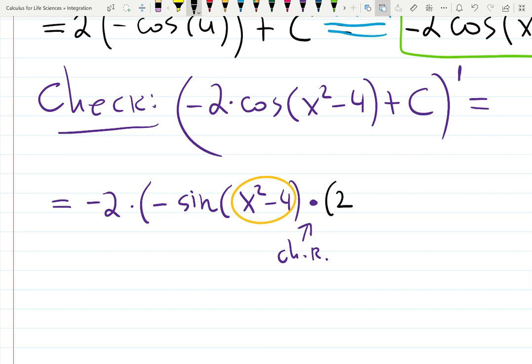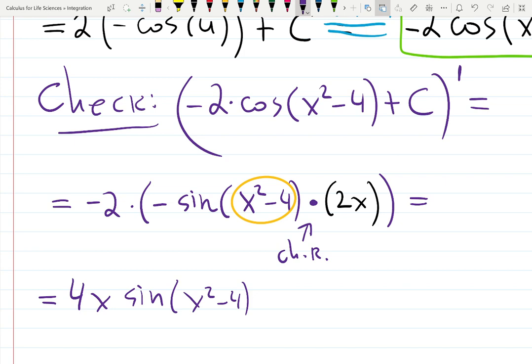Derivative of that is 2x. Derivative of plus c is 0. Simplify. Minus 2 times minus 2 is 4. X can be kicked out outside. Sine of x squared minus 4. Check. This is the same thing we had inside of the integral, so we did it correctly.